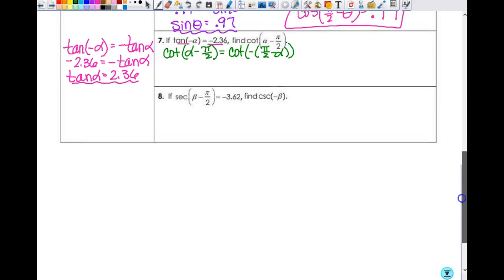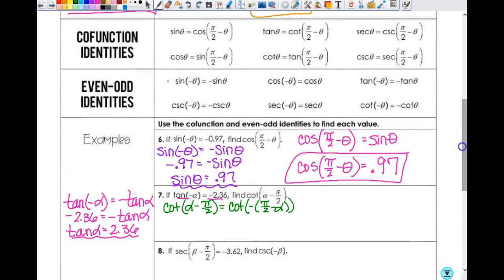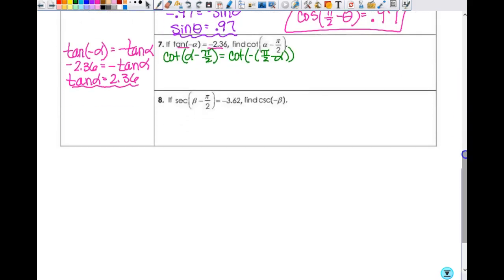All right, so now I'm going to look back up here. So basically I have cotangent of a negative angle. If I have cotangent of a negative angle, that just gives me negative cotangent of that angle, right? So now I can take this right-hand side right here. I'm going to rewrite this. Cotangent of alpha minus pi halves is equal to negative cotangent of pi halves minus alpha. Everybody with me so far?